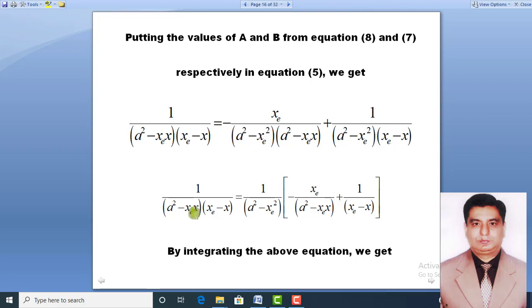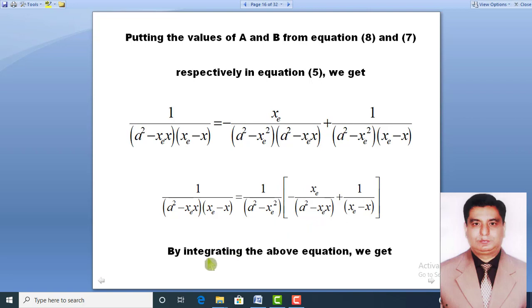Dear students, if we simplify it further, you can see some terms can be taken as common, and that is 1 over a² − x_e². This common term we take outside the square bracket, and inside the bracket are −x_e over a² − x_e x, plus 1 over x_e − x.